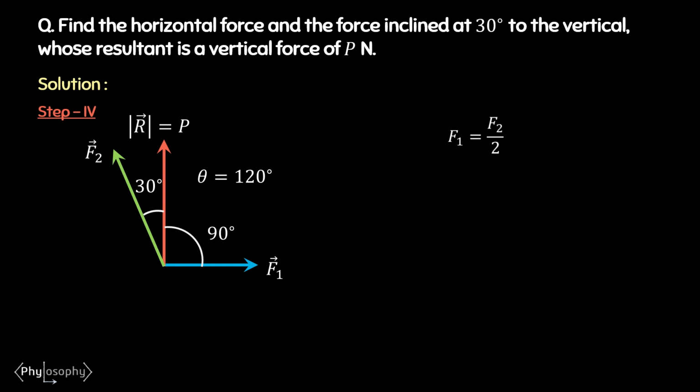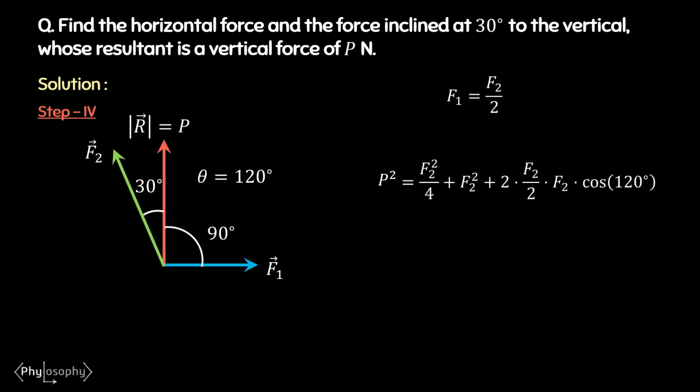Now let us put this relation in the expression for the magnitude of the resultant vector R. Then we can write P squared equals F2 squared over 4 plus F2 squared plus 2 times F2 over 2 times F2 cos 120 degrees. Now again cos 120 degrees is minus half.